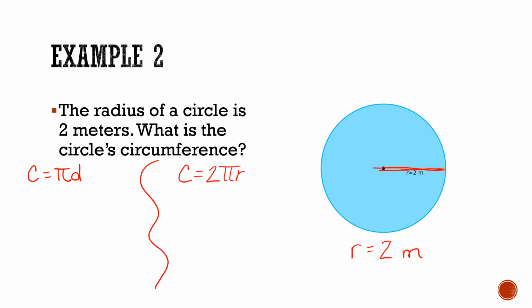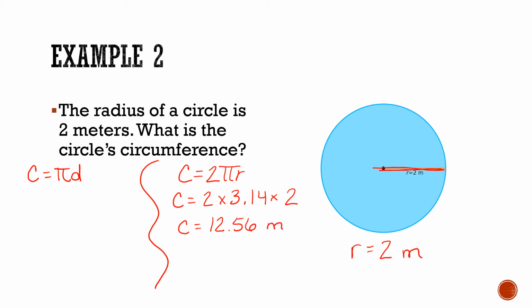So we could use C equals 2 pi r. So 2 times 3.14 times our radius, which is halfway through that circle, is 2. So then you would use your calculator and do 2 times 3.14 times 2, and you would get 12.56.